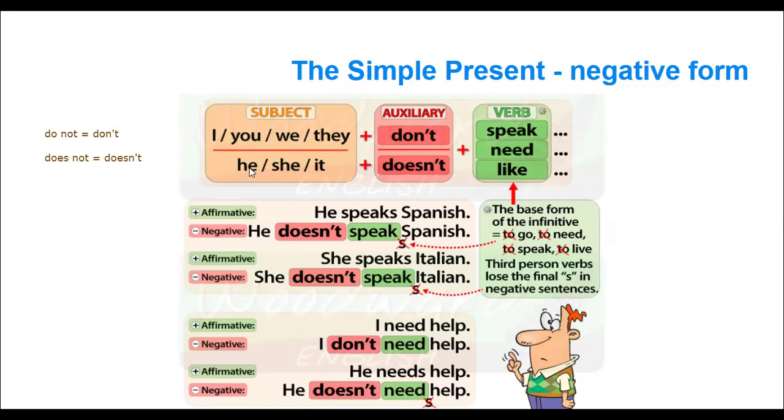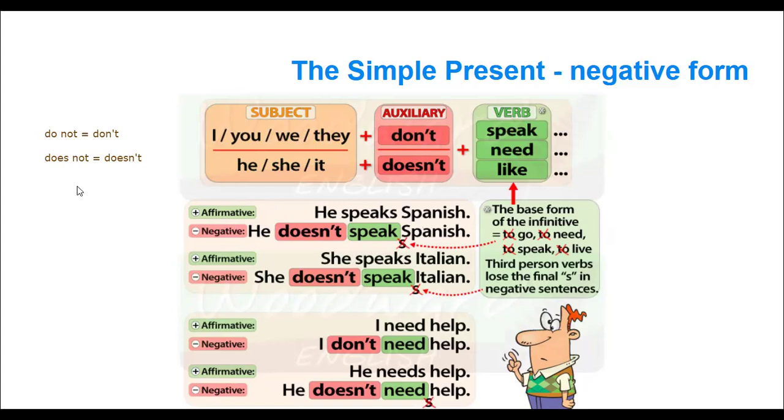And something very important. For the third person singular, he, she, and it, we use the auxiliary doesn't, and in the verb, we don't put a letter S. Let's take a look at this. For example, in affirmative form, I have, he speaks Spanish.